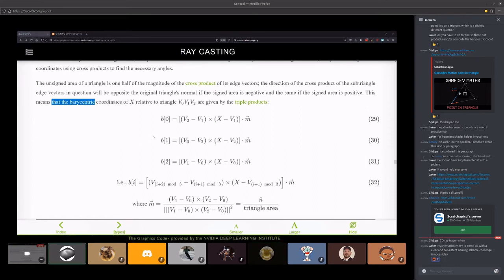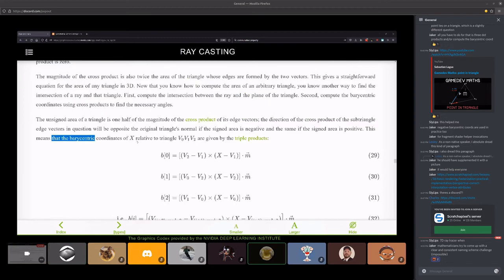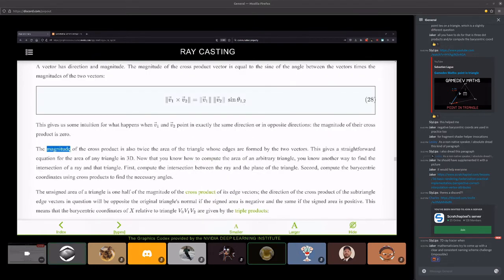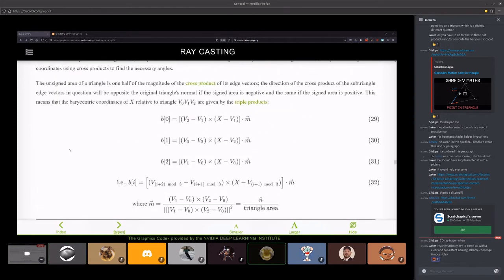I'm not quite sure where M comes from. Hmm, I think maybe it's the normalization that Jacob mentioned earlier. Is it just the magnitude?